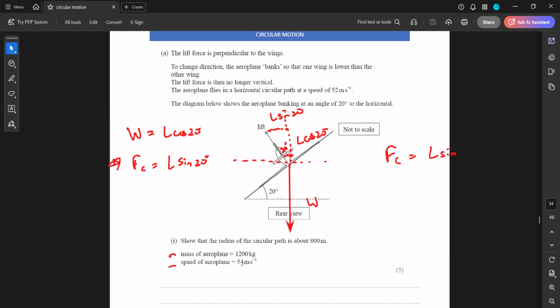The mass of the airplane is given. So using the mass, first we can find the lift. From the first equation, W equals L cosine 20.